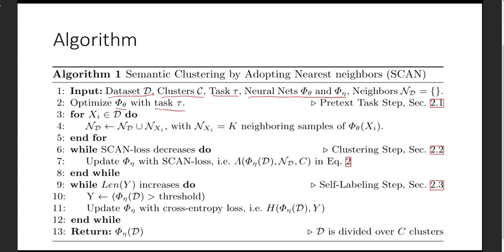Then, based on this, we select the k neighbors of xi, and update the phi eta with the SCAN loss. This one is the contrastive learning. This one is the learnable softmax function to do the clustering.